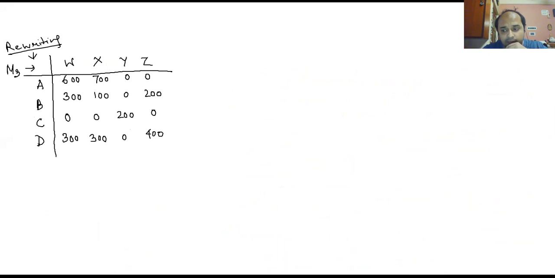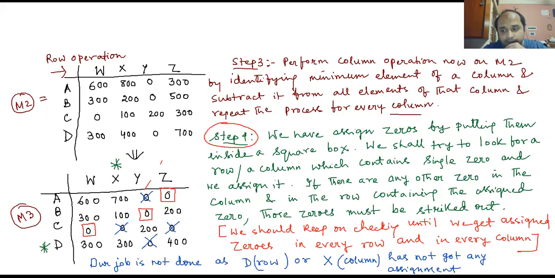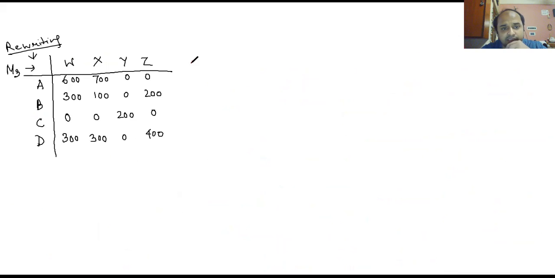What is my step number? My step number 5. What am I going to do right now? Because in the previous step I have not got my desired number of assignments.